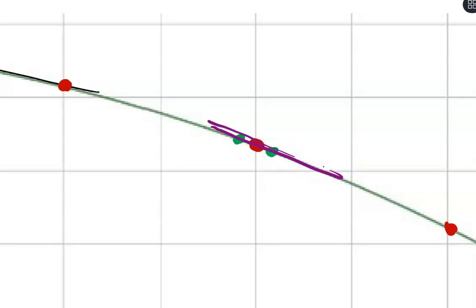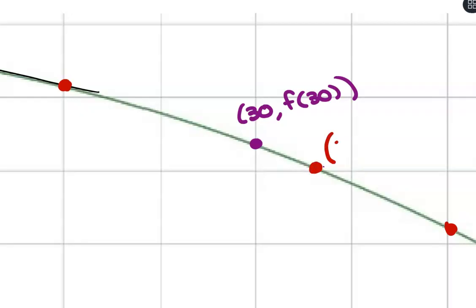Now I want to think about what if I wanted to get even closer? Instead of saying exactly where our other point is, we know we're interested in what's happening at 30 and the output at 30. I want to think about a second point that is 30 plus some distance. It could be to the right or to the left, it doesn't matter.